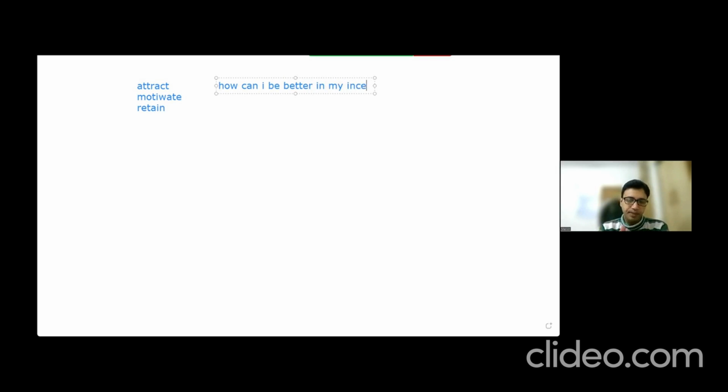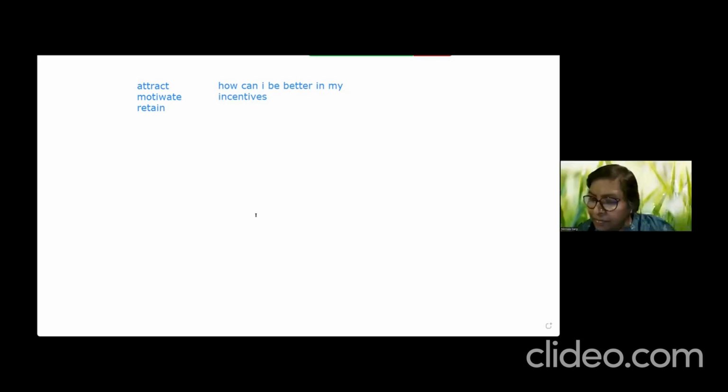From an employee perspective, you have to design it in such a way that they are competitive in the market to maintain the external equity, so that the employee stays at the organization. Also, they need to maintain an internal parity or internal equity so that the employee feels that, okay, I'm being paid fairly. So these are two very important things that the employer needs to keep in mind.